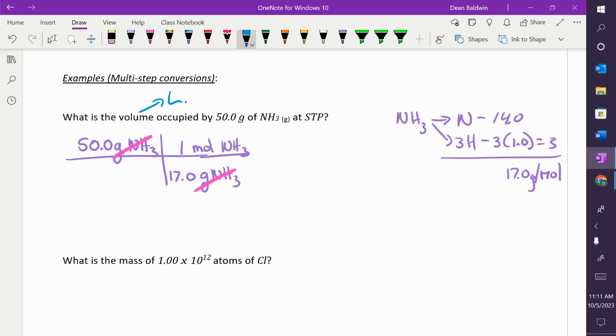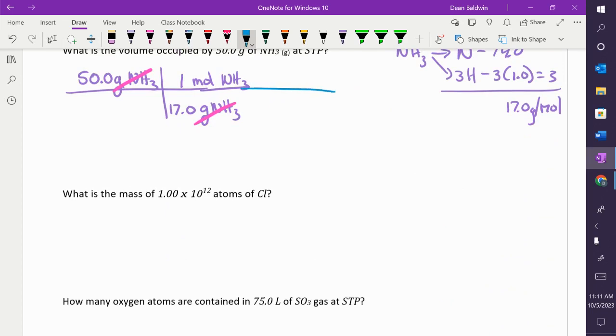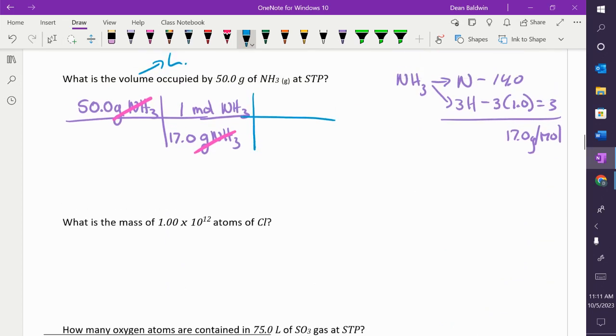In the bottom one, I want moles, right? Because I want them to cancel. You want liters up top. So I want 1 mole of NH3 is 22.4 liters of NH3.